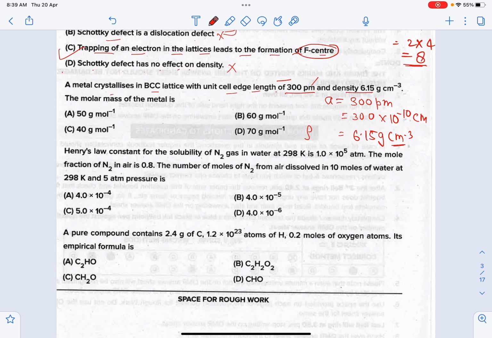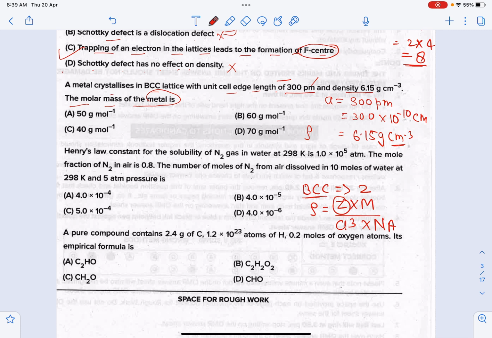Now it is asked, the molar mass of the metal. As you know, this is the formula for BCC: rho, that is density, is equal to Z into M, the molar mass, divided by a cube, that is the edge length cubed, into the Avogadro number. Z is the number of atoms present in BCC, which is 2.